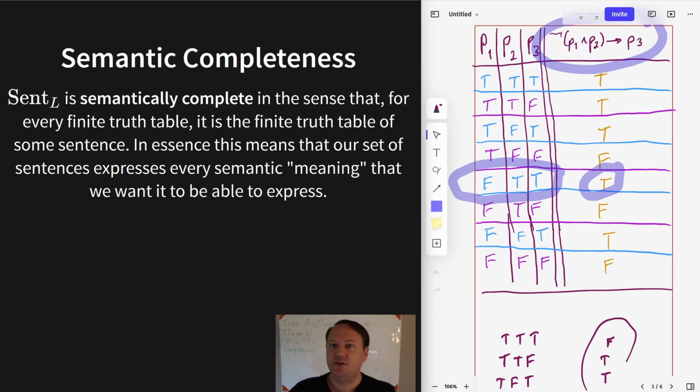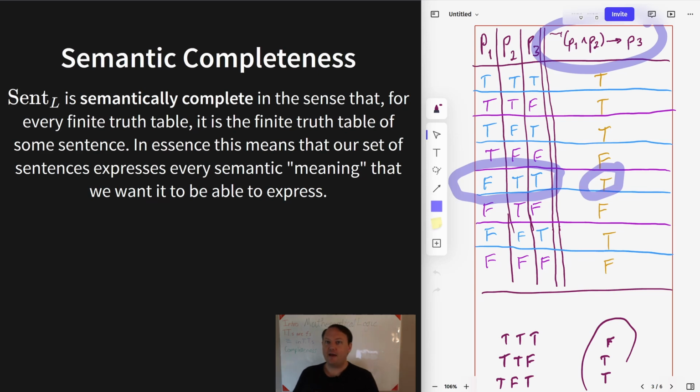And then the question is, does there exist a sentence in our set of sentences which has that as its truth table? If it does, then we call the set of sentences semantically complete, because this is all we want for the semantics of propositional logic, is just to capture these truth value assignments.